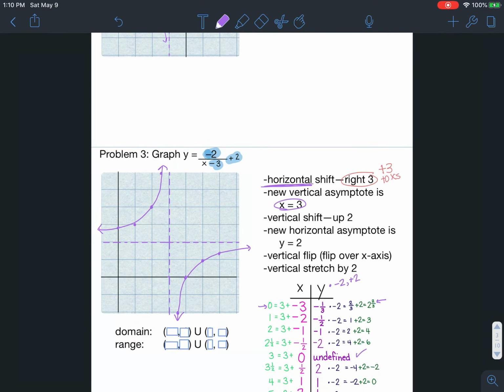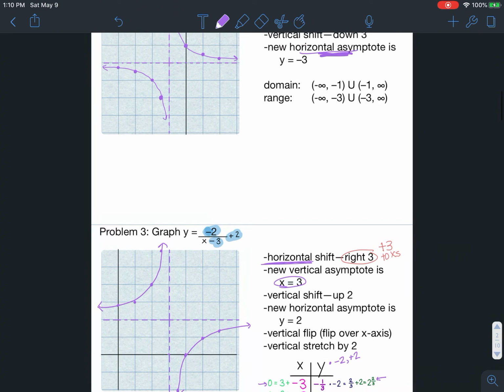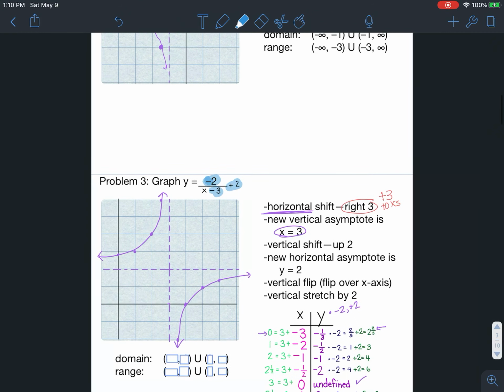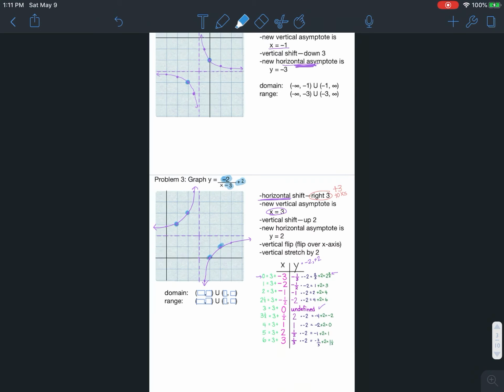So that's what a flip will do. And then the other thing I want you to notice is that, see how this point is 1 away from where the asymptotes cross? There's nothing here. That's because it was multiplied by 2. So that's why it's over 1 up 2, over 2 up 1. That's where these points are coming from. They're coming from that 2.